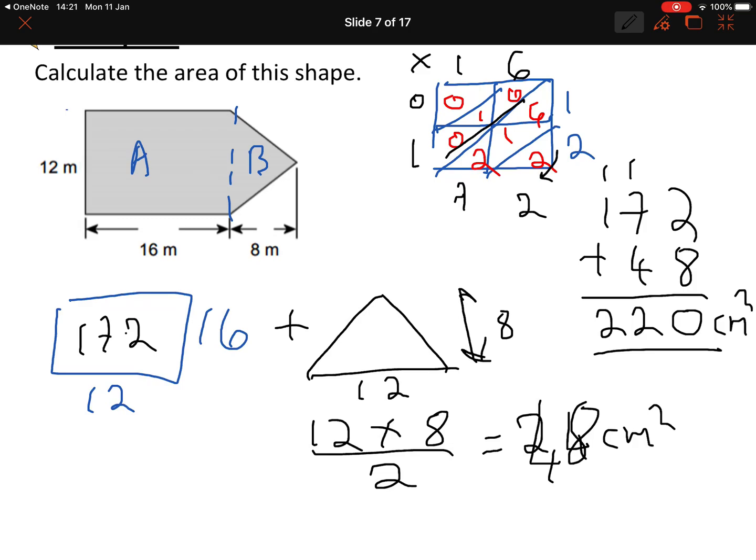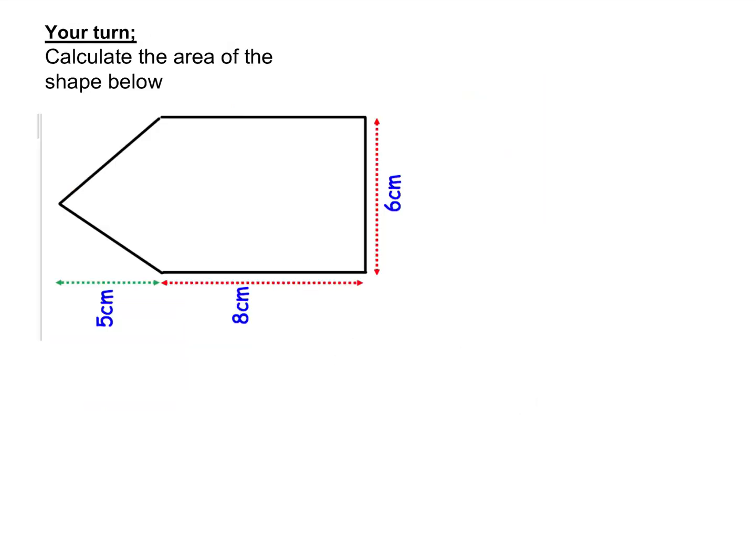So you should get 220 centimeters squared. Okay? Apologies for that mistake. Like I said before as well, with this one, you can half 12 to get 6 and just do 6 times 8, which is 48. Okay? Right, so let's get on to the next question, okay? So please copy this down and have a go.